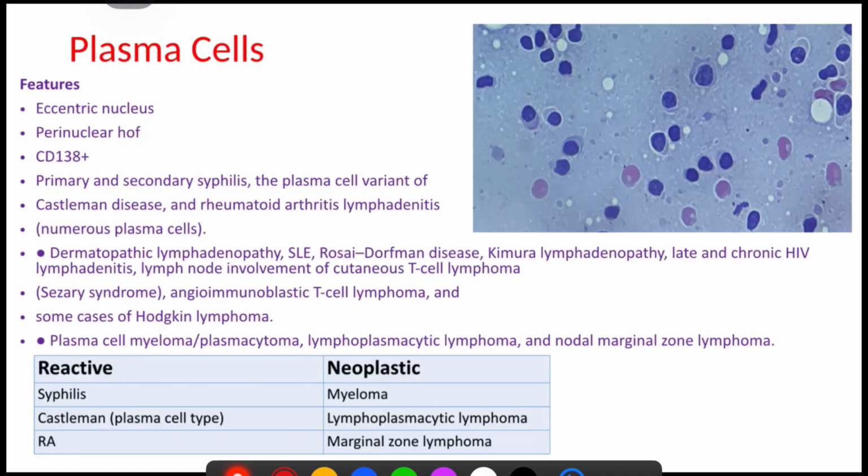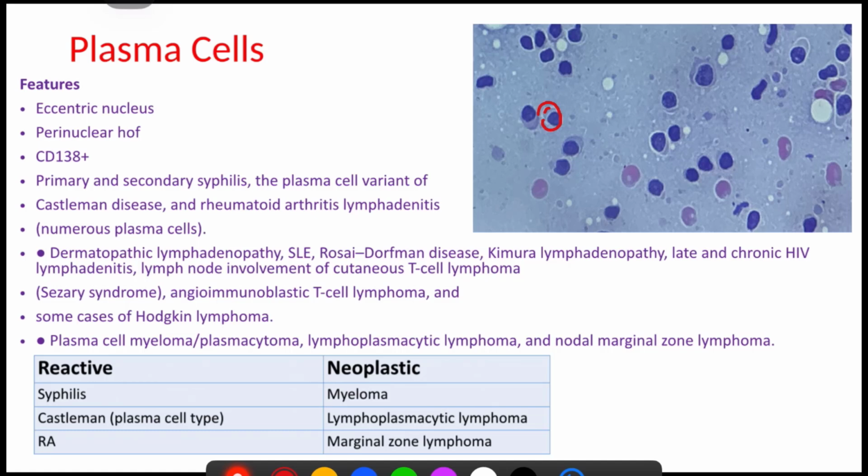Now plasma cells. Plasma cells have an eccentric nucleus and perinuclear hof. They are CD138 positive. Mostly in abundance in primary and secondary syphilis. Then Castleman disease and rheumatoid arthritis, where you find numerous plasma cells. Dermatopathic lymphadenopathy, SLE, Rosai-Dorfman, Kimura, late and chronic HIV lymphadenitis, lymph node involvement of cutaneous T-cell lymphoma, Sézary syndrome.